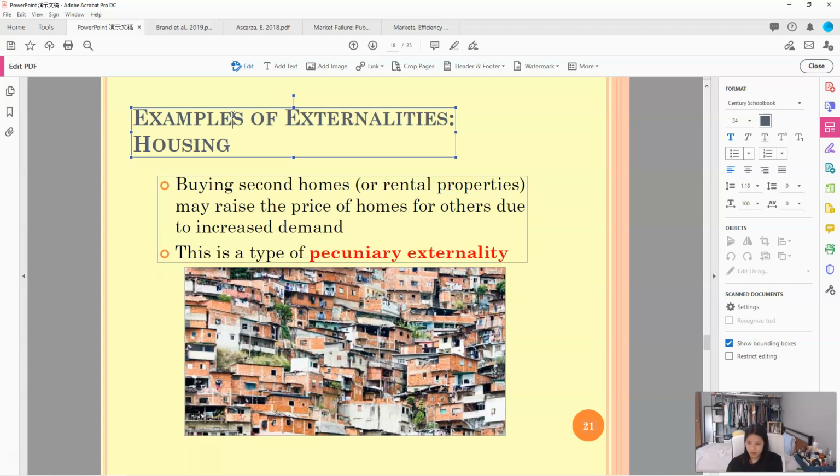So when the demand increases, the price also increases. So that's the third type of externality.